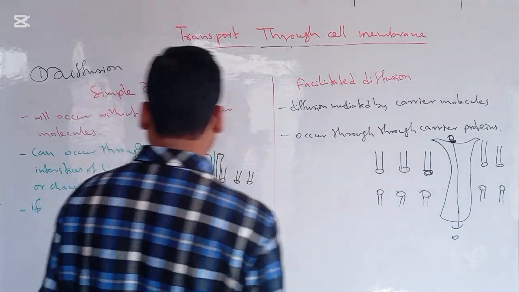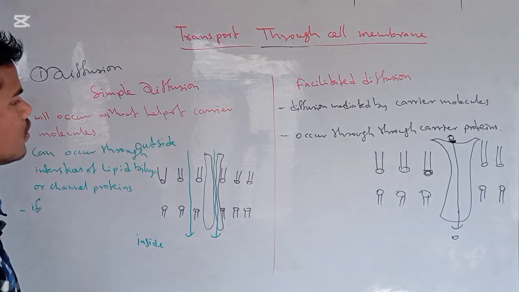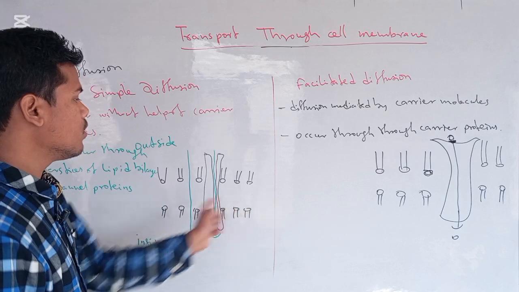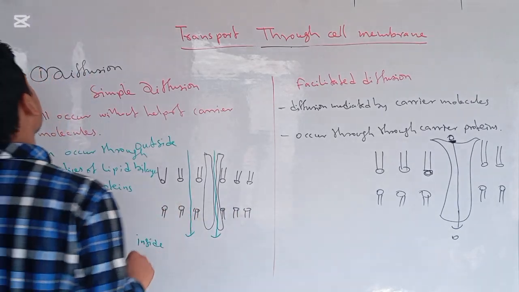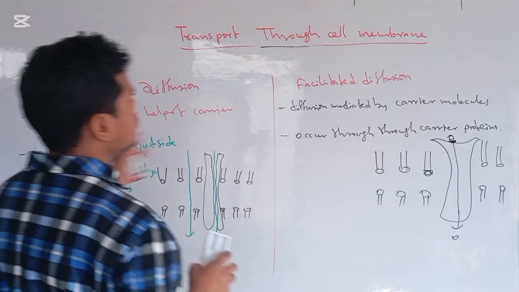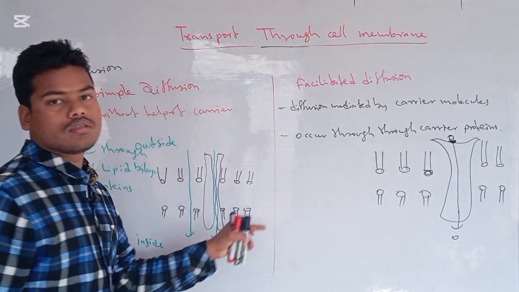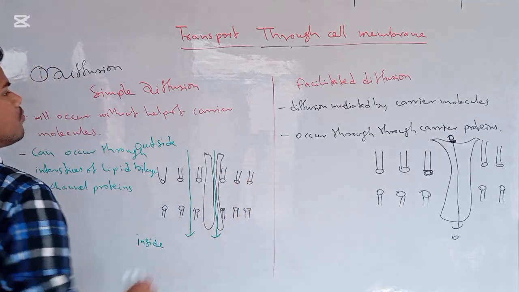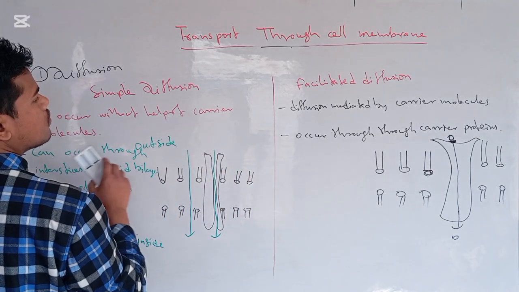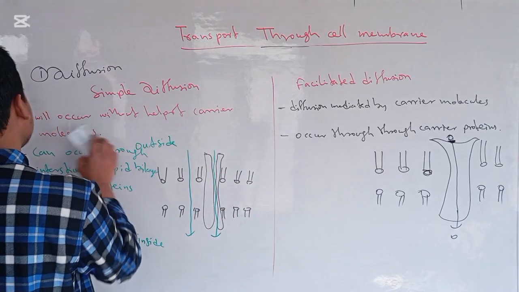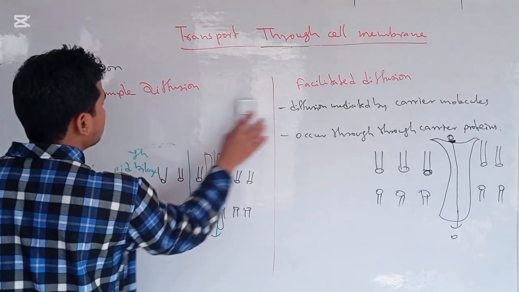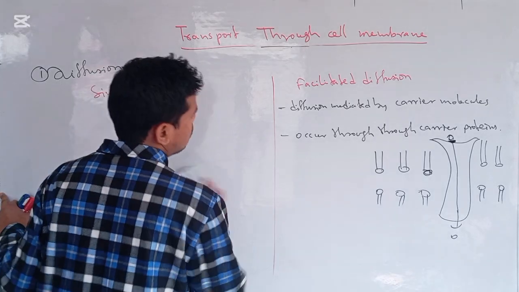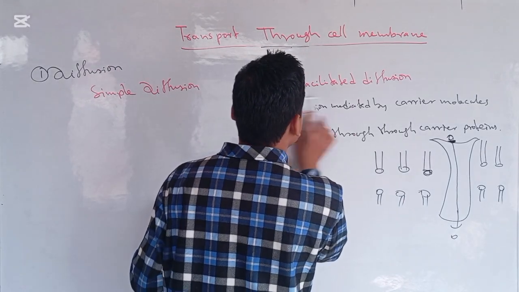Now again I will differentiate these two by a graph. Simple diffusion and accelerated diffusion, rate and concentration, I will differentiate in that aspect. There are many minor differences also, so please read those too. These are the major differences.